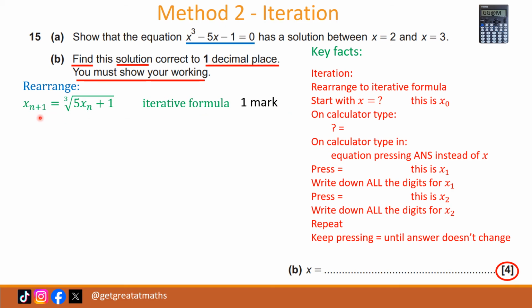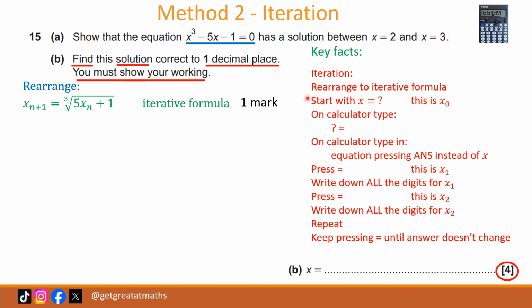That is a tricky step to do on your own, and normally on the GCSE paper they give you the iterative form that it's been rearranged into. You don't normally have to do that step, which is why method 1 is easier than method 2 in this case. Now I've given you this iterative formula, I want you to have a go at answering the questions.